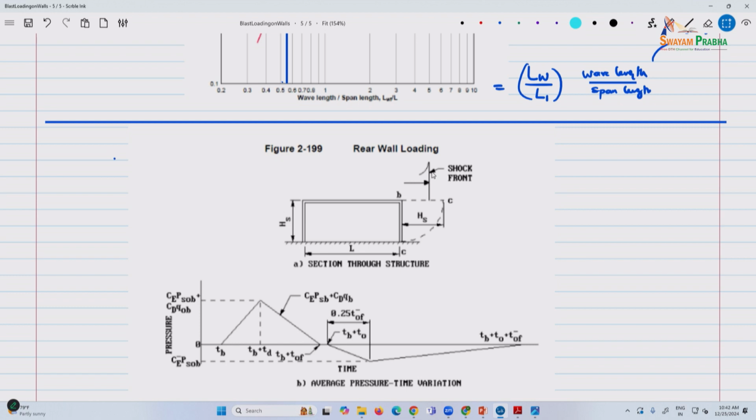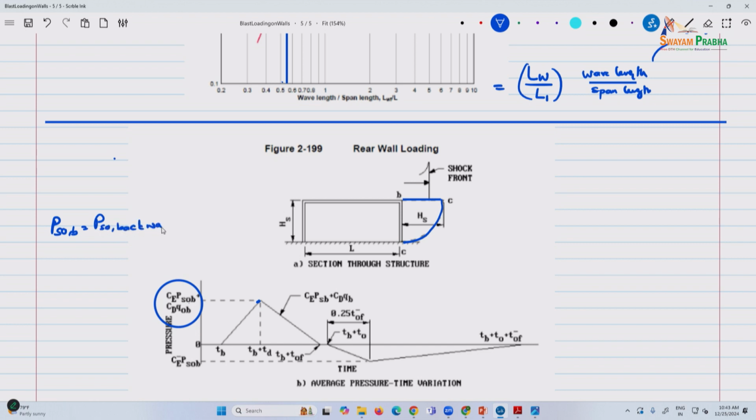you see here the shock front is going, and this is your typical something like wind, the pressures that are acting, but the wall loads are considered in the following manner. Here the peak value is CE plus the PSO on the back wall.